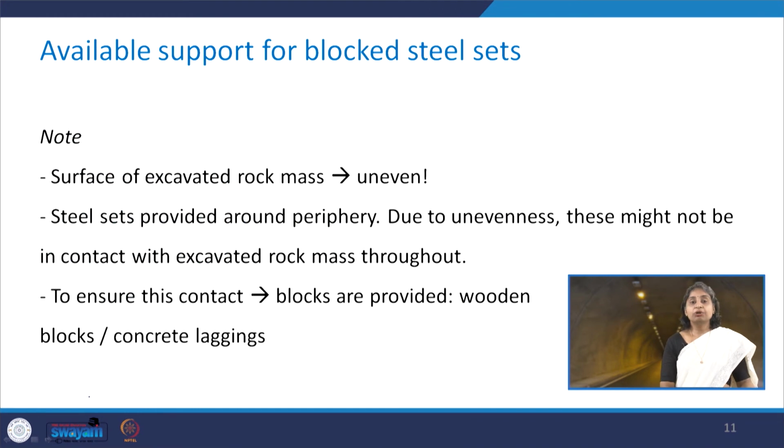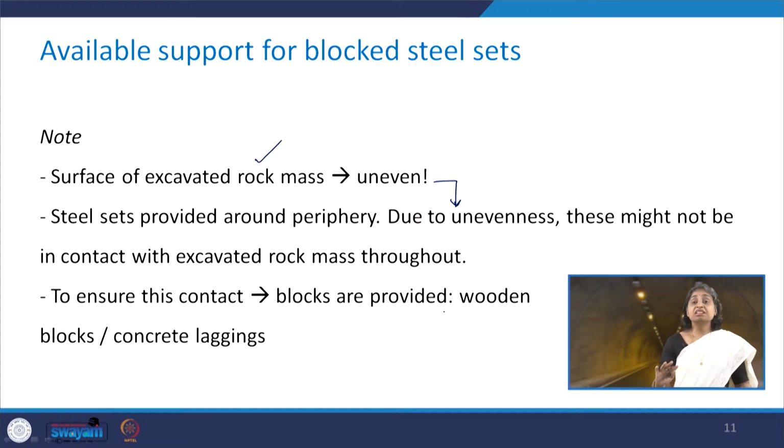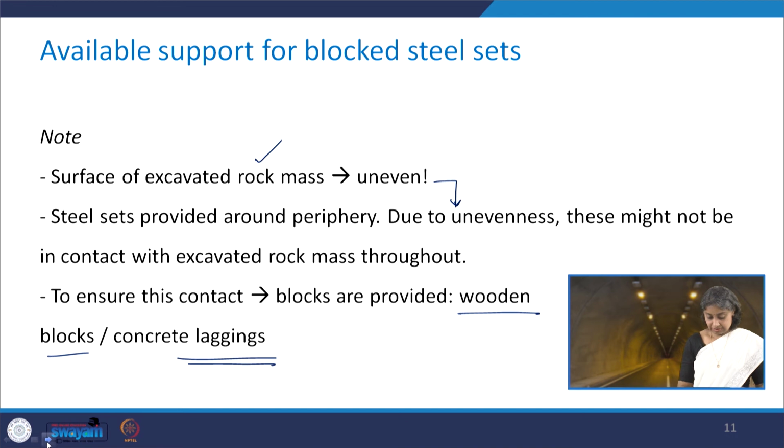You need to take note here that the surface of the excavated rock mass is highly uneven. So when we provide these steel sets all around the periphery, because of this unevenness, these might not be in contact with the excavated rock mass throughout the periphery. So to ensure this contact, the blocks are provided, which can be either wooden blocks or concrete laggings.